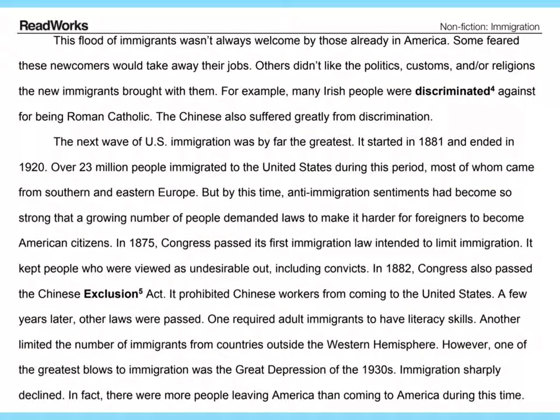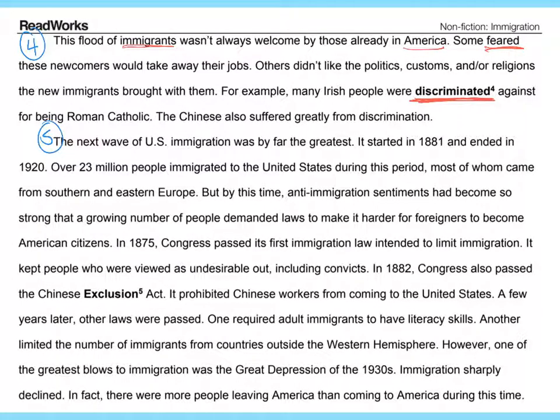Okay, we're on to paragraph 4 and paragraph 5 here. Continuing to look for repeated words or ideas. So, of course, immigrants in America. We have that idea of fear again. We have another footnote. I don't have it on this particular slide, but we do have discriminated against.